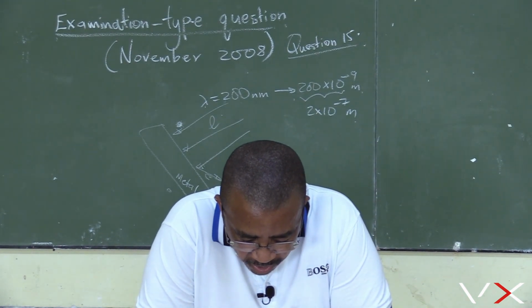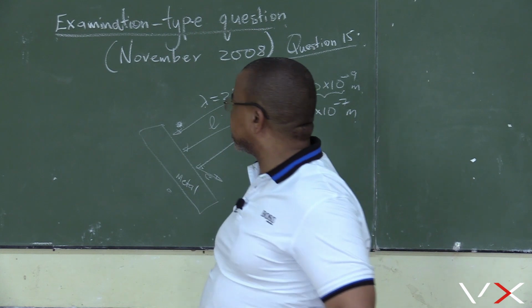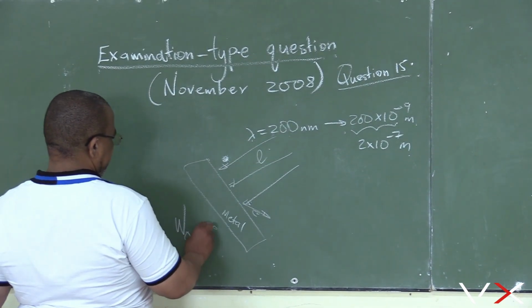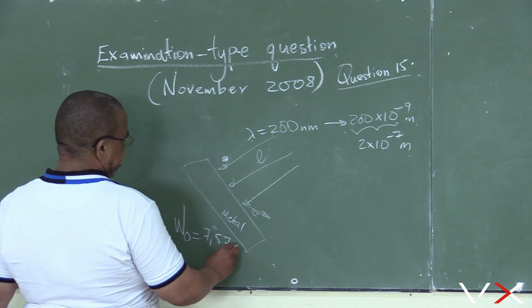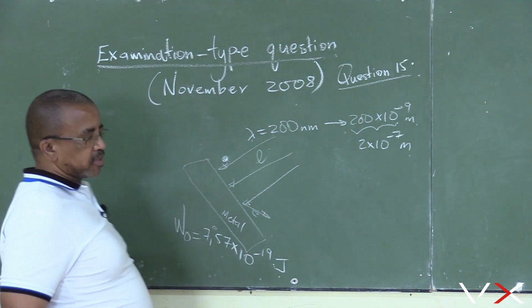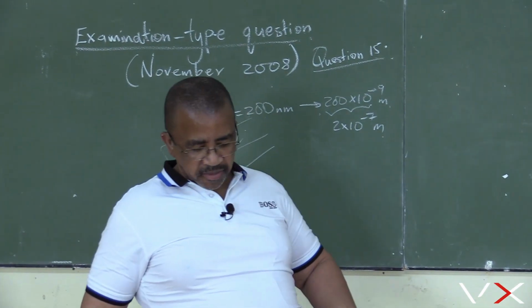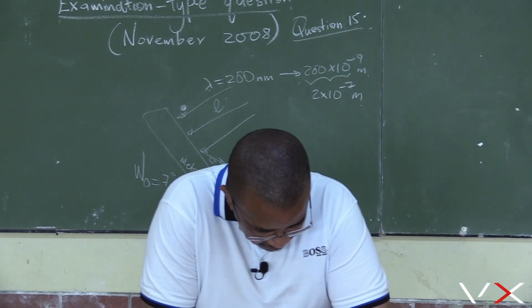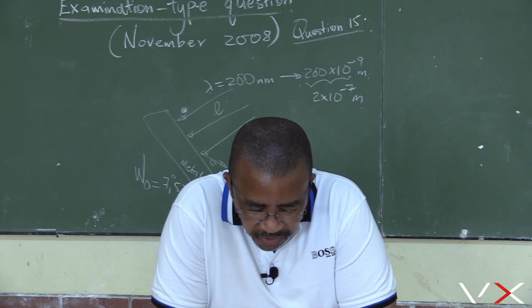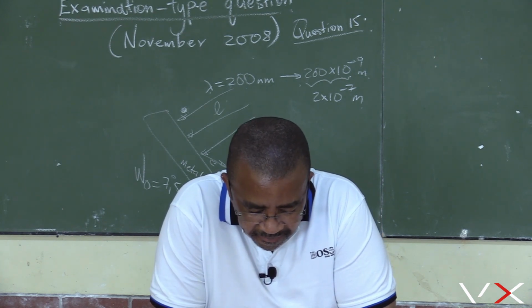The metal has a work function of 7.57 times 10 to the power minus 19 joules.